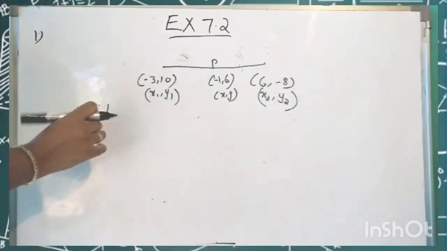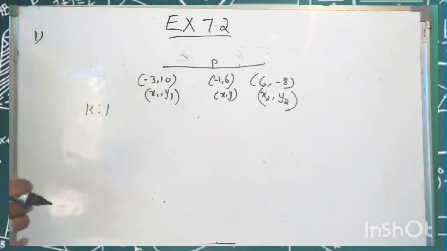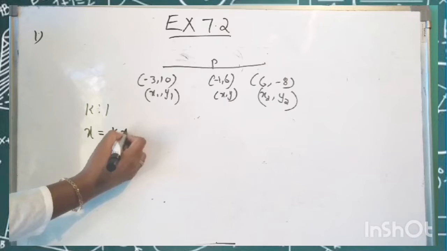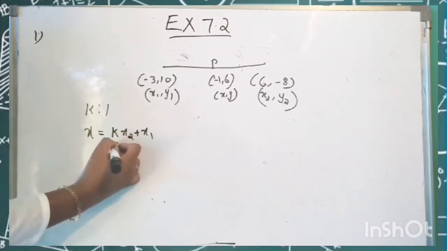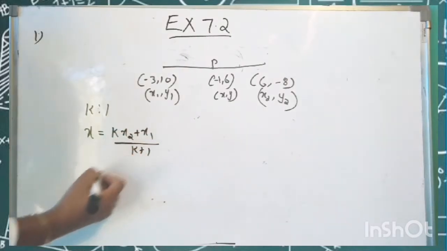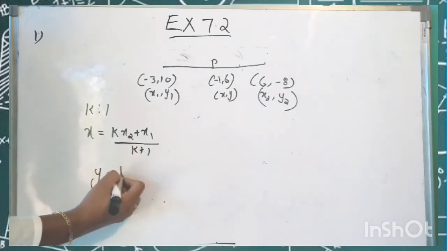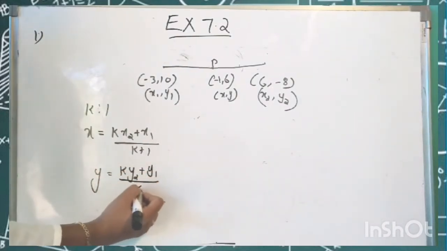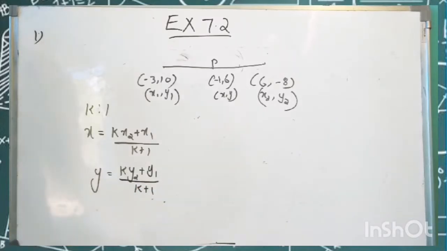If the ratio is k is to 1, then the x coordinate is k x2 plus x1 divided by k plus 1, and the y coordinate is equal to k y2 plus y1 divided by k plus 1. This we know, and we discussed this in the video on the section formula.